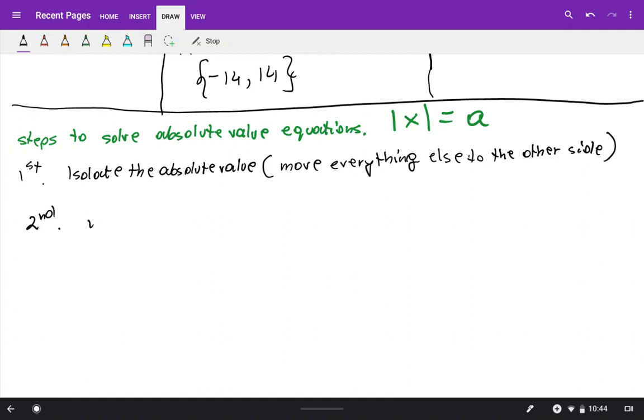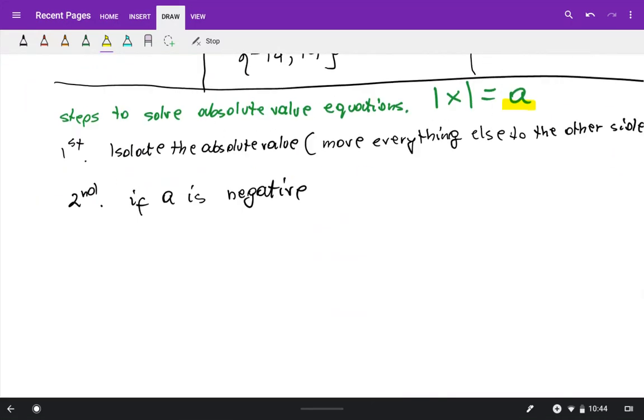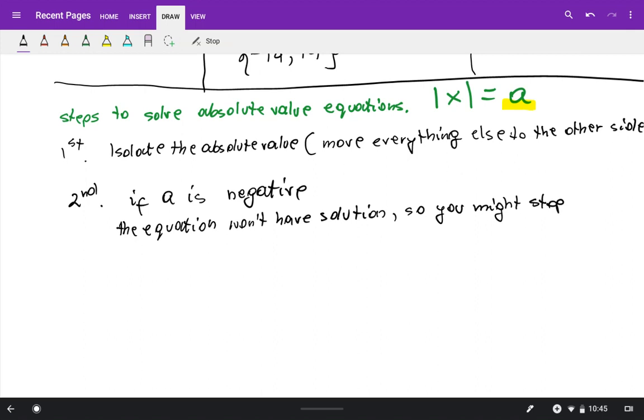So second, if a is negative, that means if the number which you have on the right side is negative, like we have in this example, like negative 7, the equation won't have a solution. So you must stop.